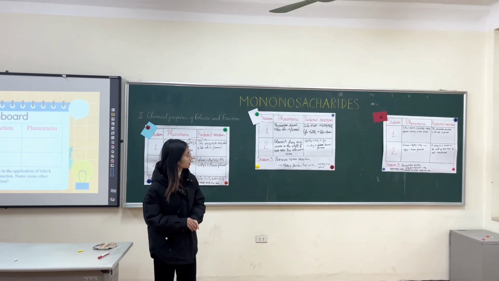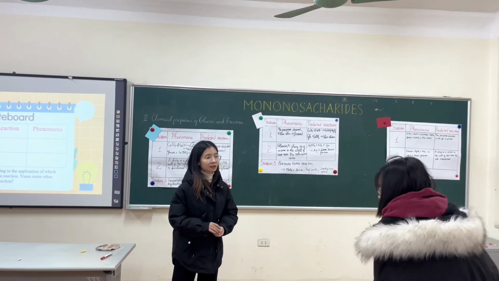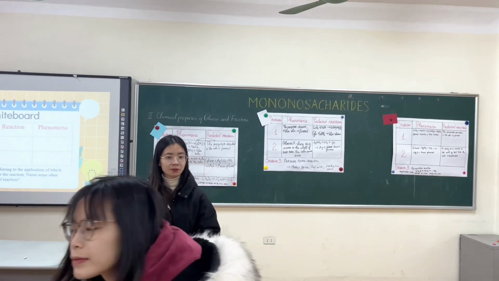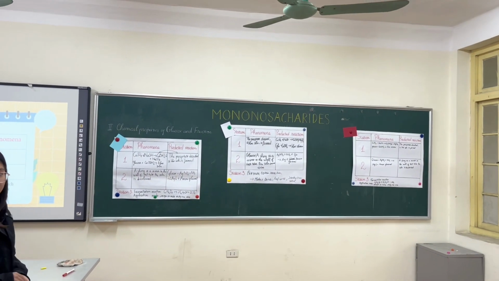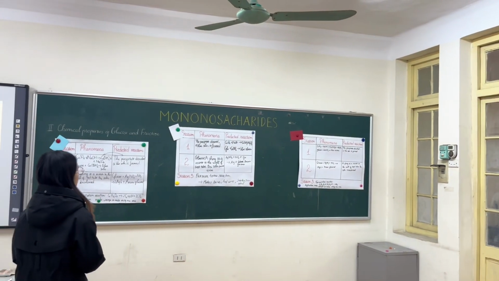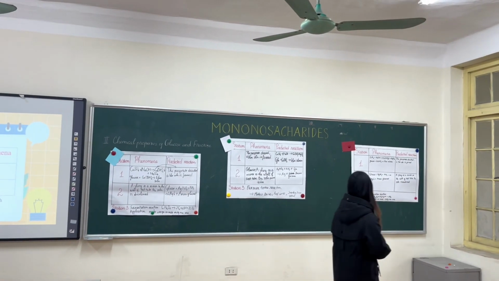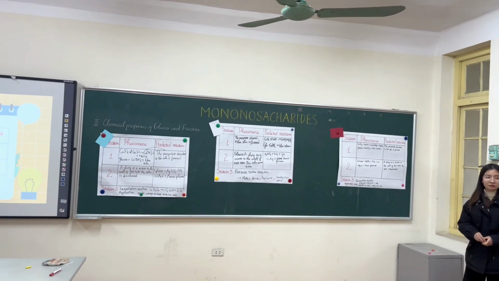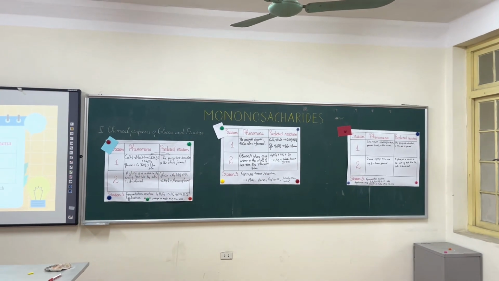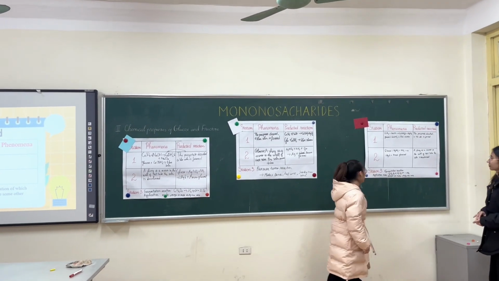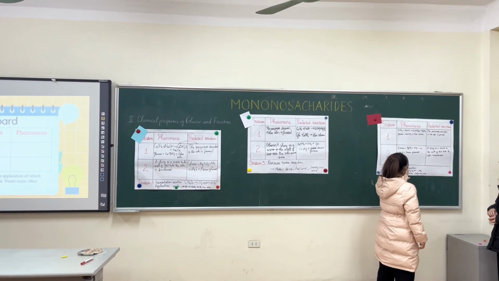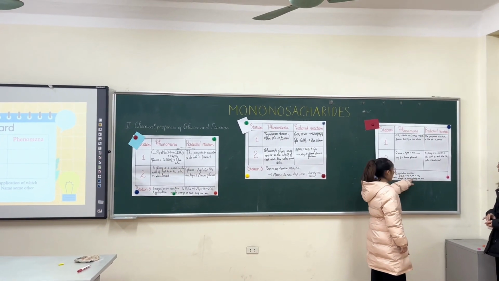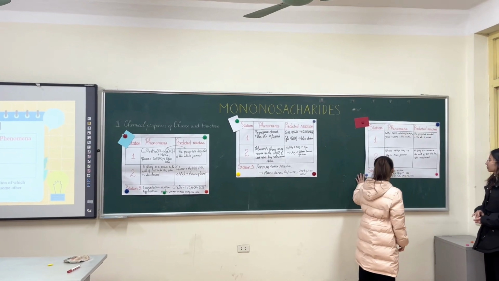And you can come back to your seat. The last group is the red part. Can someone please present this? Fermentation of glucose gives 2 ethanol and 2 carbon dioxide.